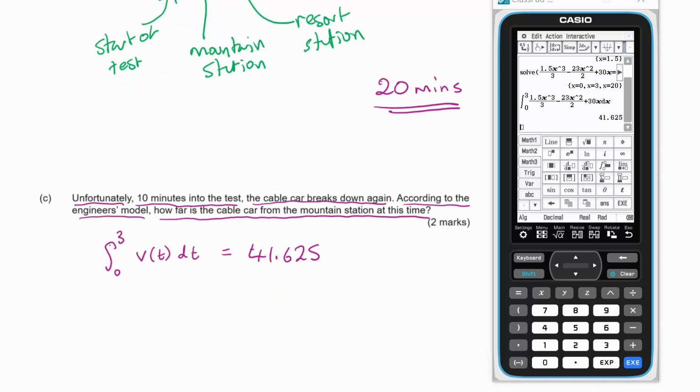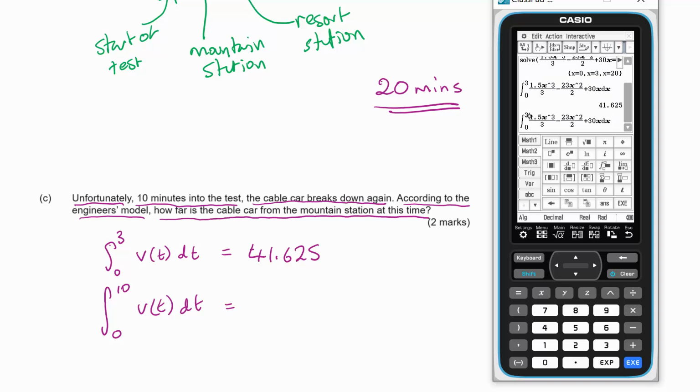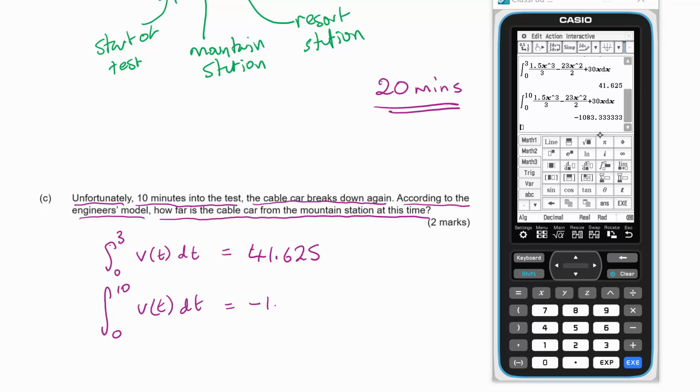And now let's see the position after 10. So all I need to do, let's just drag that to there, change that to 10, and that gives me negative 1083.3 recurring.